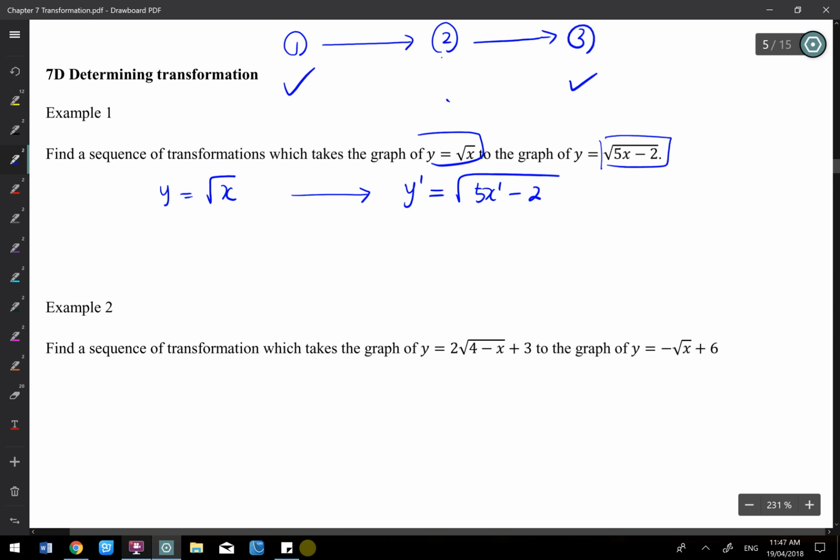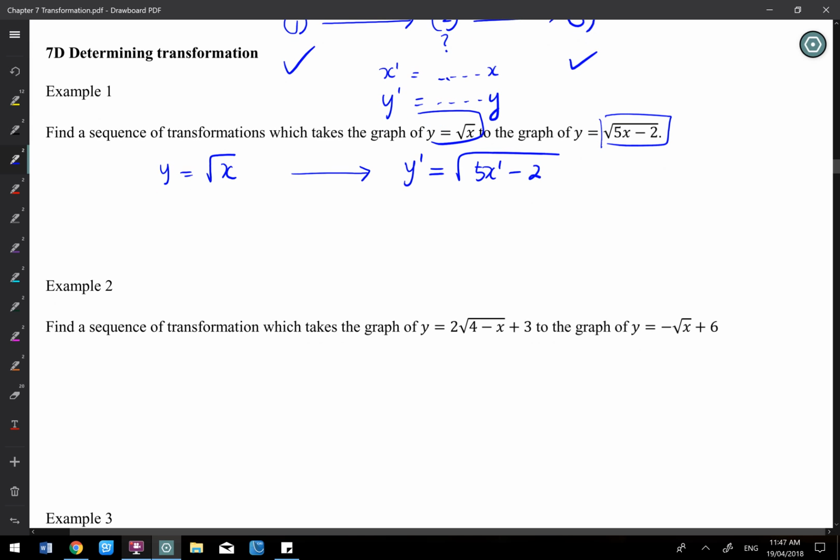Remember step number 2, I always need x dash equals to some x and y dash equals to some y. Now I will equalize both sides. y equals y dash, x equals 5x dash minus 2.